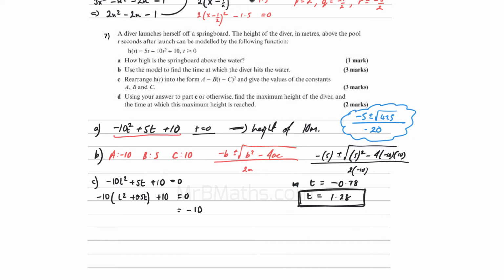We move that to one side now, leave some space for the magic number. We end up with negative 10 t squared plus 0.5t. And we've got half of b squaring it, so b being 0.5, we can now half that, 0.25, and 0.25 squared will give us 0.0625.